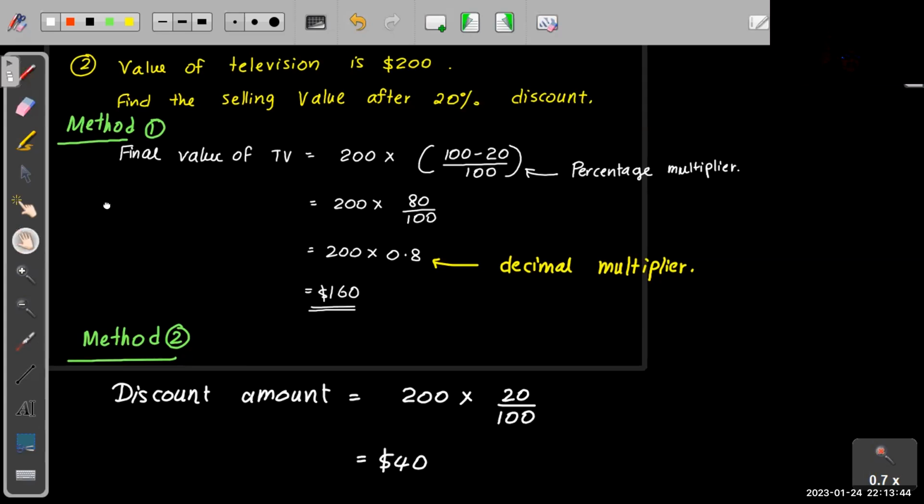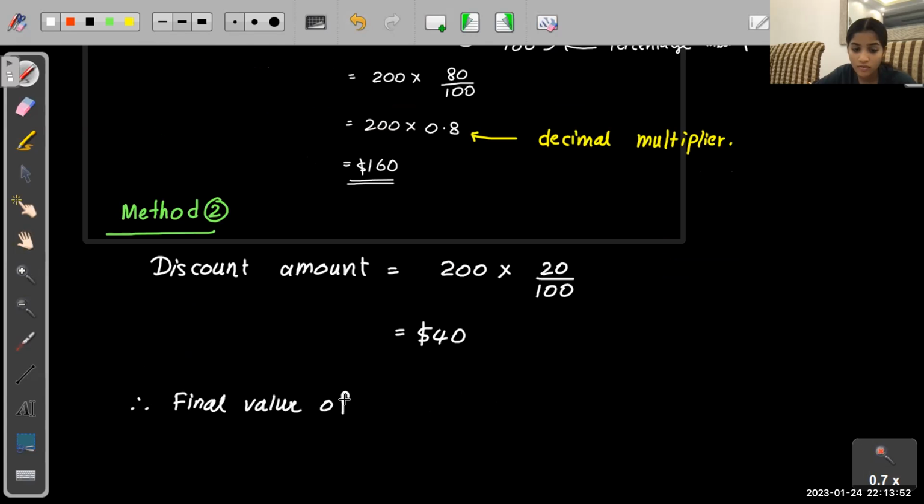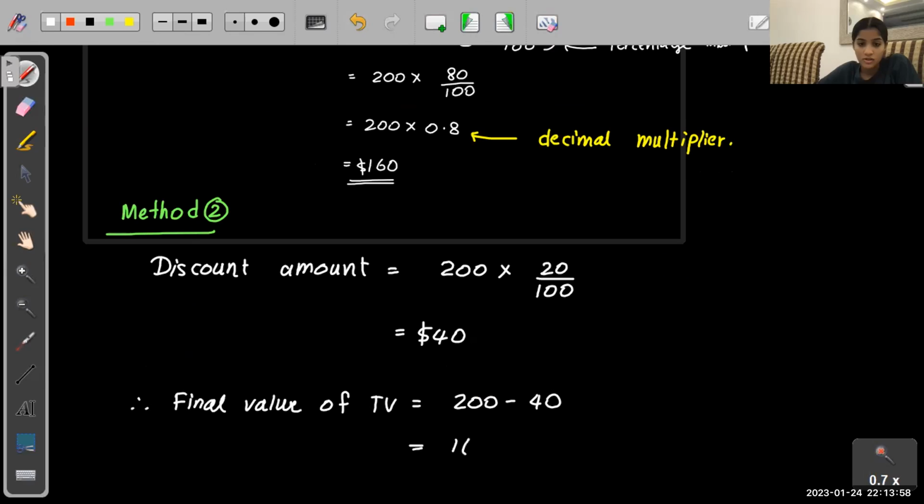Therefore, the final value of TV: 200 was the initial value, 40 we subtract. Same answer.